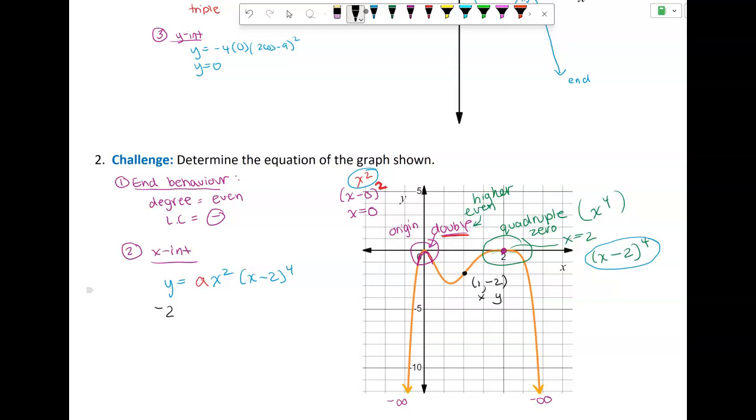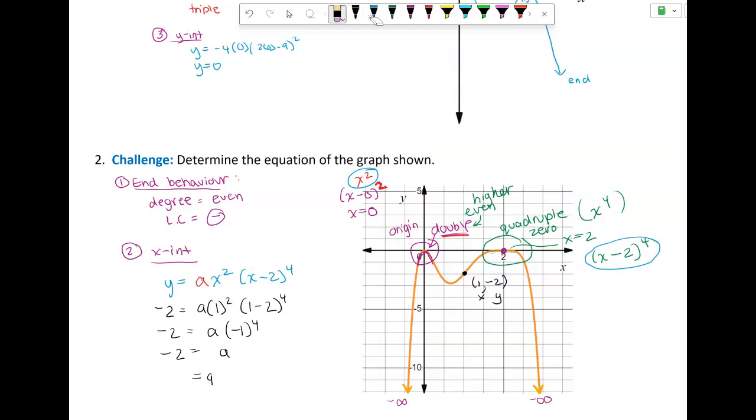So I have -2 is equal to a bracket 1 squared, 1 minus 2 to the power of 4. So -2 equals, this is just 1a. This is going to be -1 to the power of 4. So this is -a equals -2. So a is equal to, oh no, that's even.